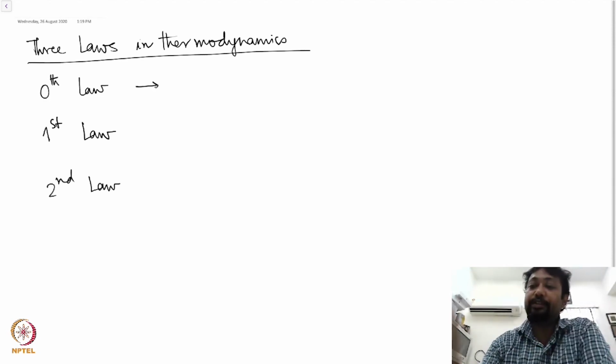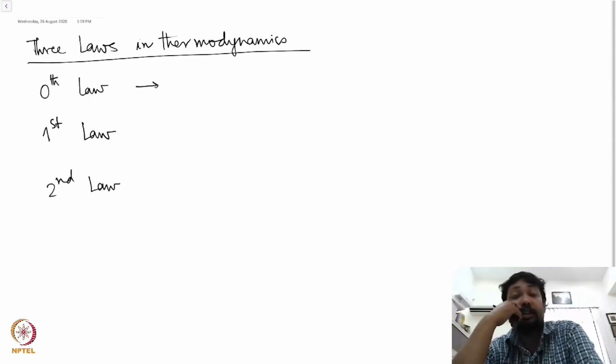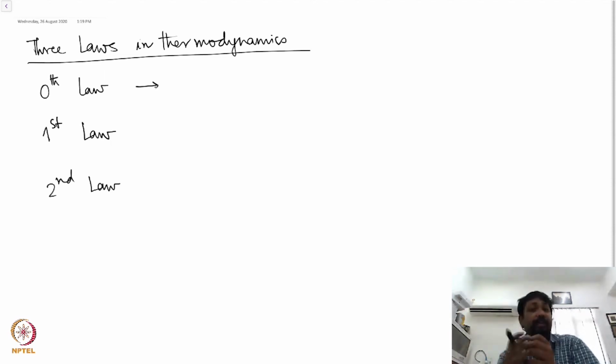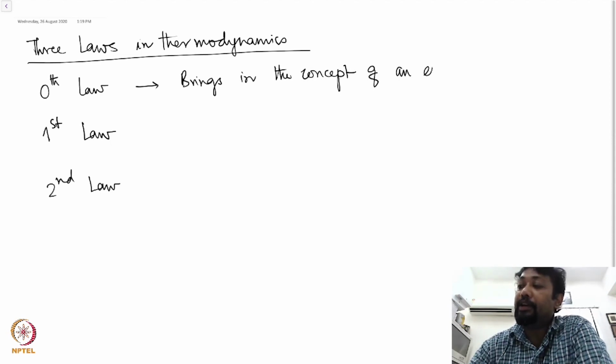The zeroth law is very, very interesting. Even though apparently it is very intuitive, very clear, obvious, it brings in a very important tool. It brings in the concept of an empirical temperature.